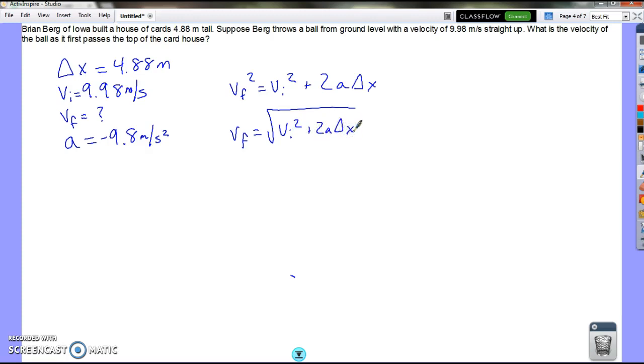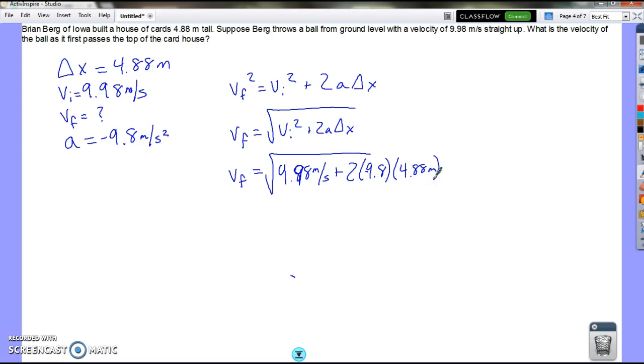And so we get that VF is equal to the square root of 9.98 meters per second, squared, plus 2 times negative 9.8 times 4.88.